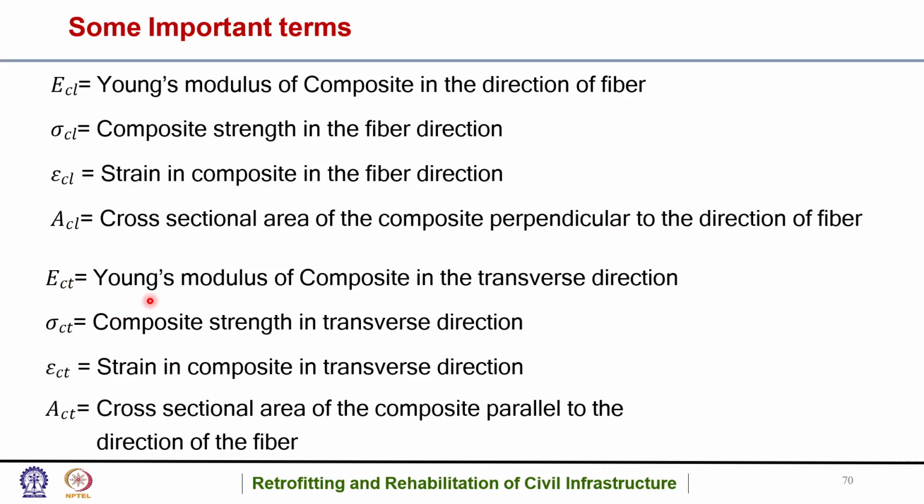And ECT is Young's modulus of composite in the transverse direction, that is perpendicular to the longitudinal modulus. Similarly, sigma CT is compressive strength in transverse direction, epsilon CT is strain in composite in transverse direction, and ACT is cross-sectional area of the composite parallel to the direction of the fiber.